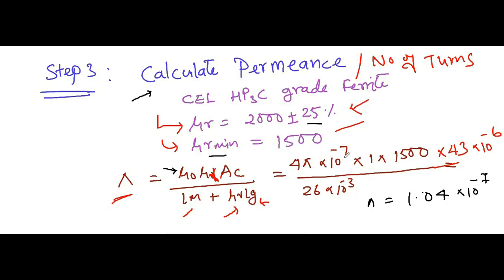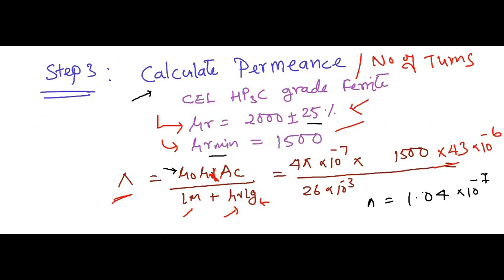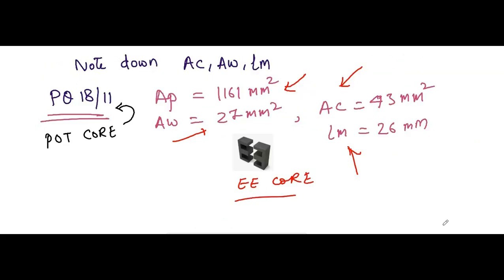Mu r minimum is 1500, so you have to write it here, 1500, into the cross section area of the core. The cross section area of the core, AC, is nothing but 43 mm square.